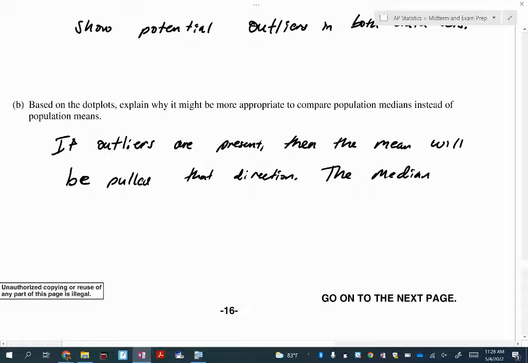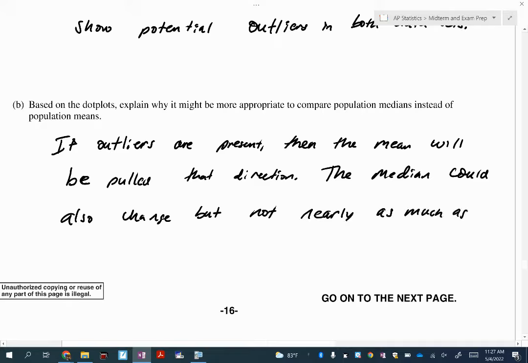The median could also change, but not nearly as much as the mean. All right, so again, the idea is that the median as a measure of center is more resistant to that potential skewness or potential outliers. Okay, and that's a concept that you should know from our first unit.